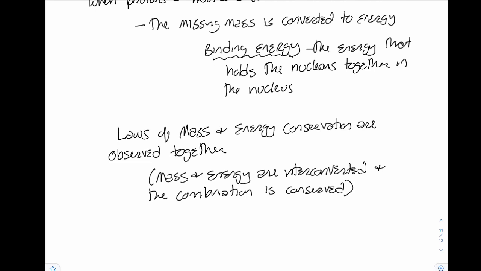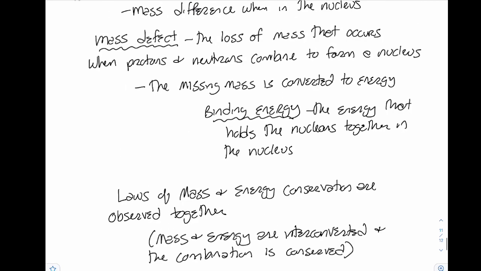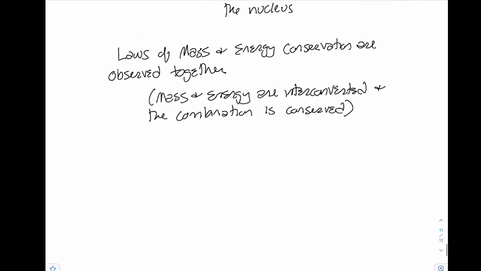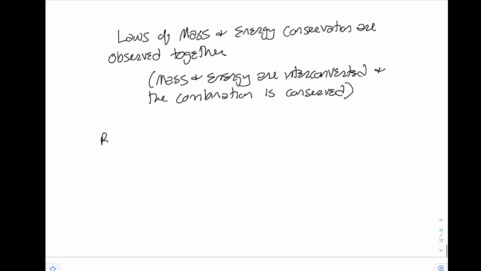So we're going to go through an example where we calculate the binding energy of an atom. And as usual, I think that the easiest way is to just actually go through the example and then I'll explain it as we go through. So we're going to do a binding energy calculation.